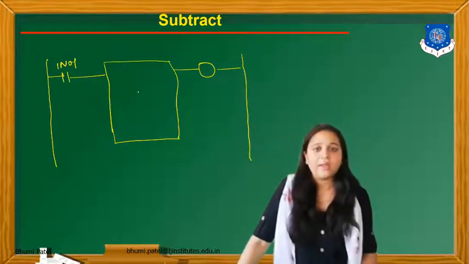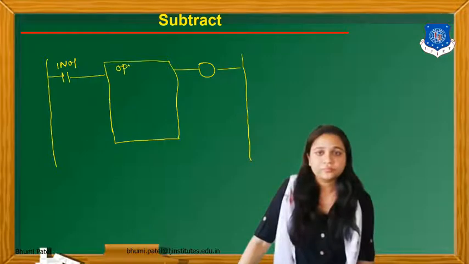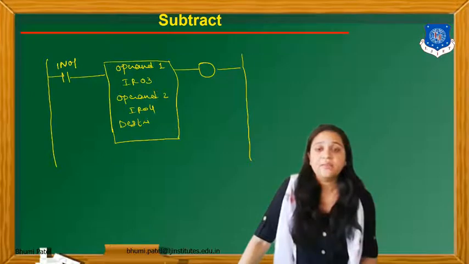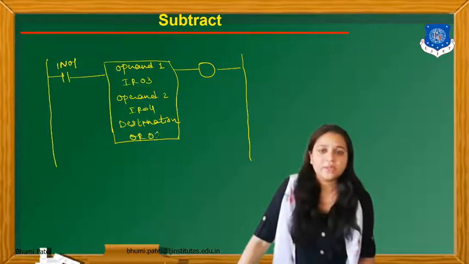Operand 1 is, suppose, IR03, and operand 2 is IR04, and whatever the answer of the subtraction is, we save in the destination, and our destination address is OR02.